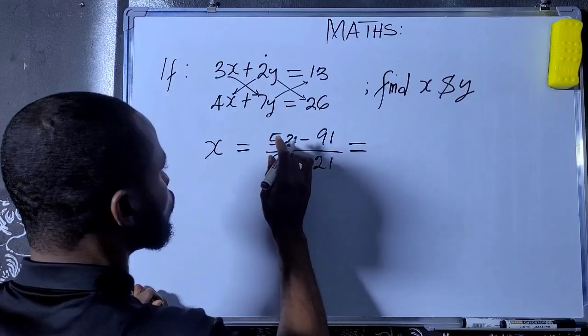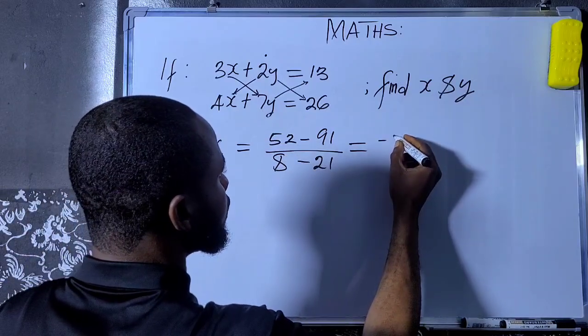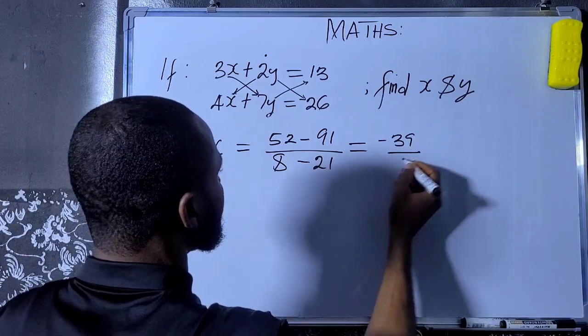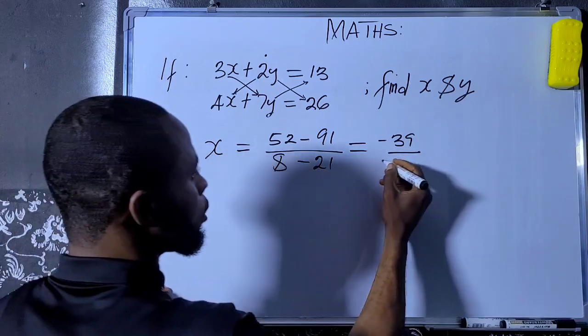Then this equals 52 minus 91, that gives us minus 39, divided by 8 minus 21, that gives us minus 13.